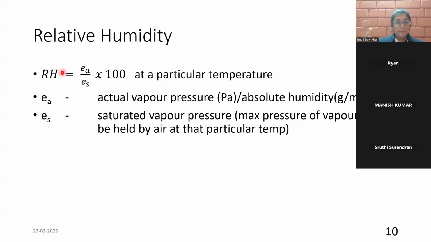Relative humidity is different at different temperatures. Hence the capacity of air to get saturated with water vapor varies based on the temperature as well as the pressure at that particular point. So all these values are variable with respect to temperature and pressure.